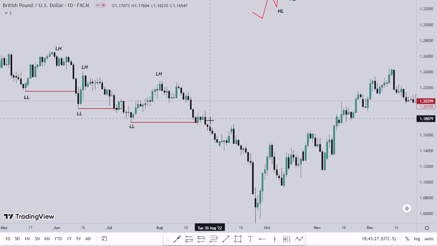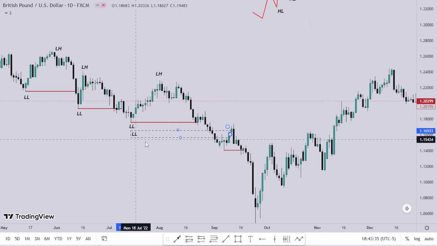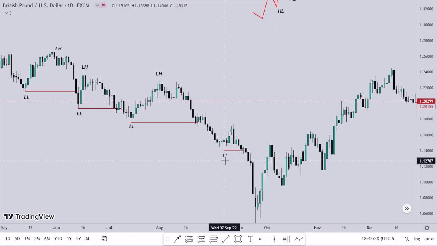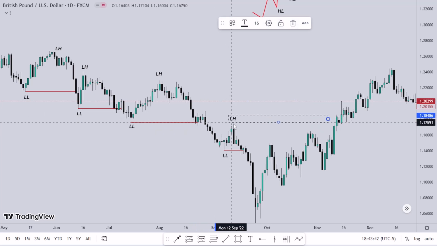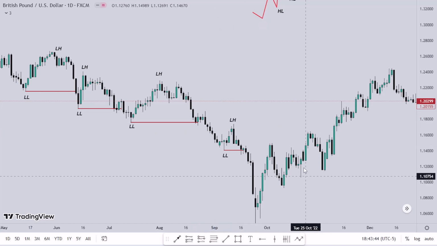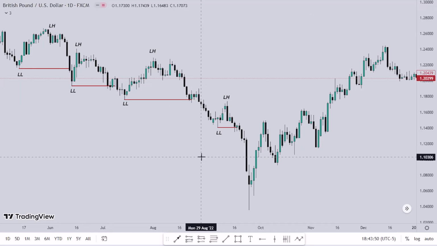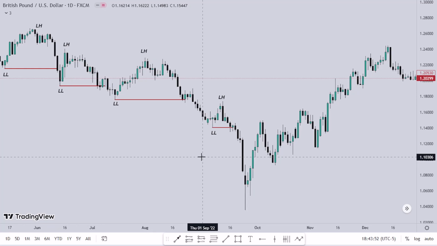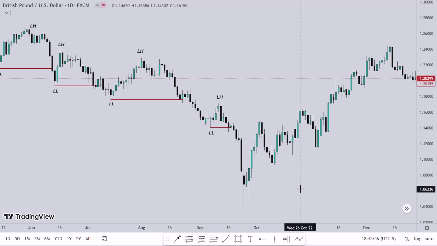So once again we pull back to this level, then we broke structure again here, and what do we make? A lower low and a lower high. But let's look at what happened here. As I told you, no trend moves forever. At some point it's gonna hit a higher time frame level and then change direction completely.